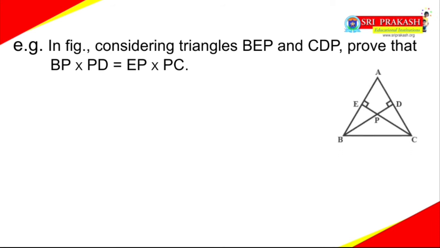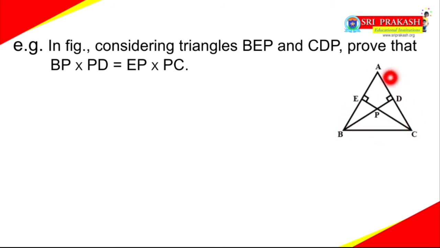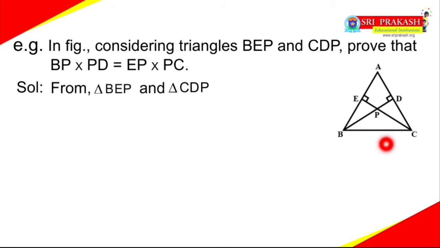Next, in the figure, considering triangles BEP and CDP, prove that BP into PD is equal to EP into PC. Let us start. Children, from triangles BEP and CDP, we have angle BEP is equal to angle CDP is equal to 90 degrees.